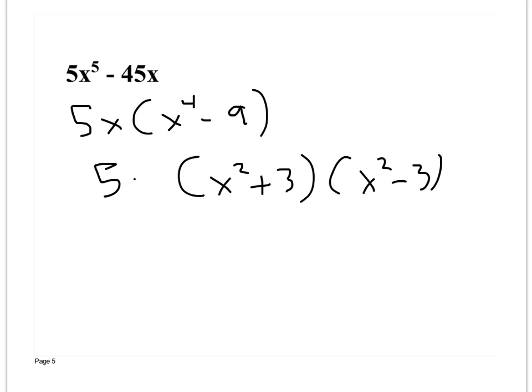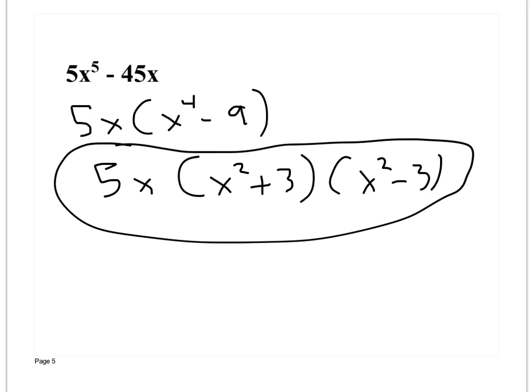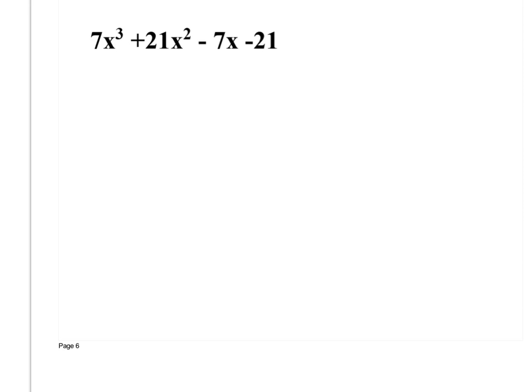And I've got 5x here in front. Is there anything else I can do? No. Is this a difference of squares? 3 is a square? No. So there's nothing else I can do. There's my answer.